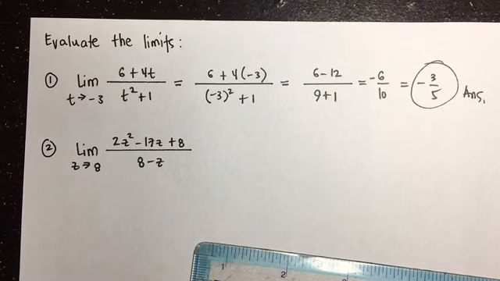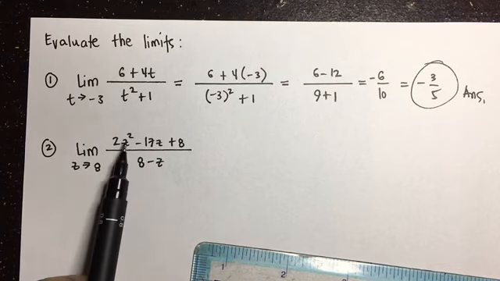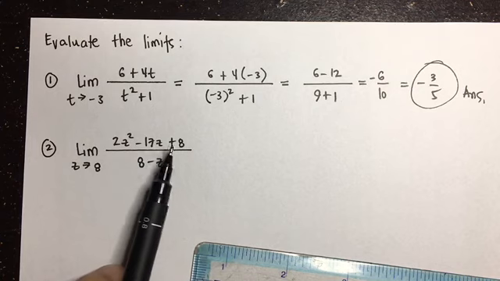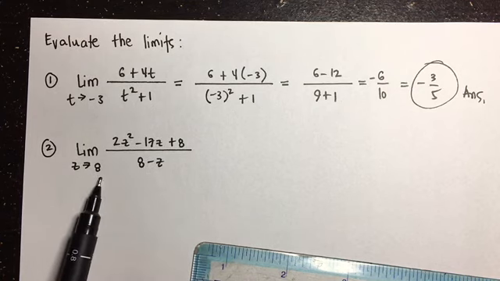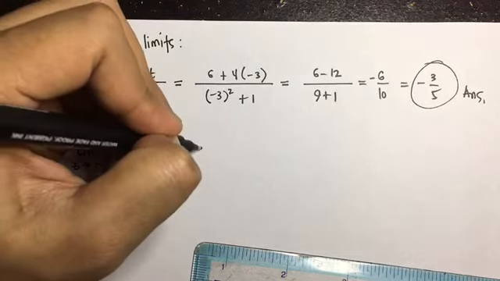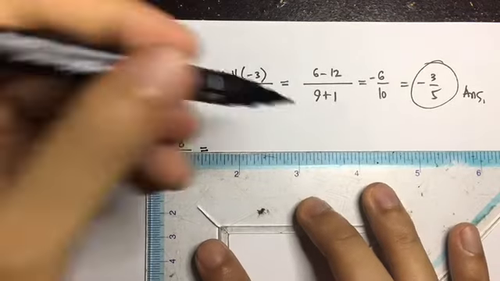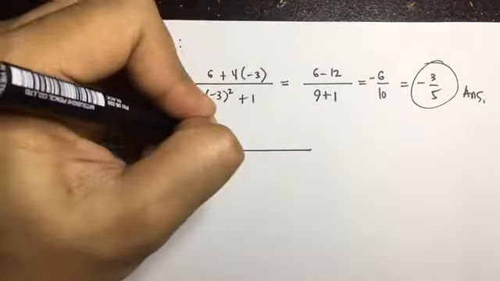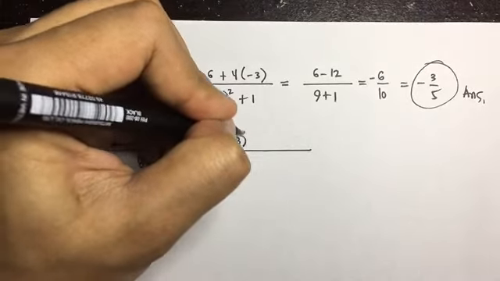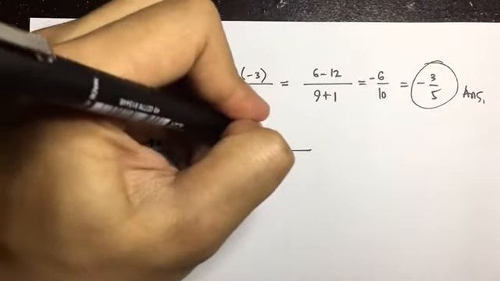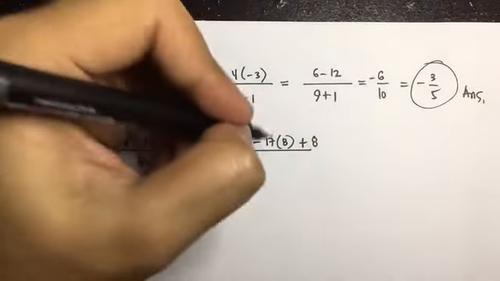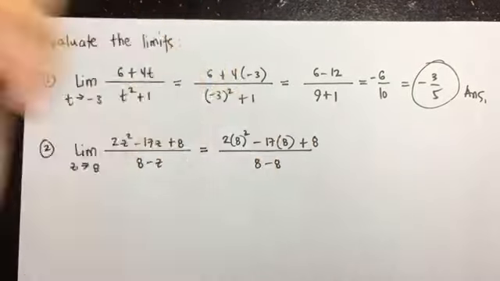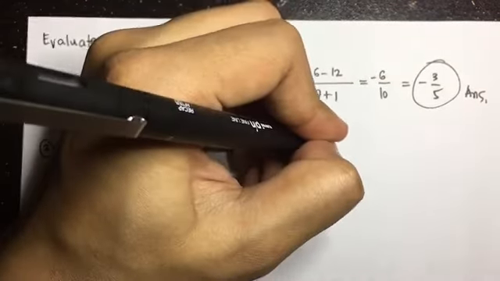Next is the limit of (2z squared minus 17z plus 8) over (8 minus z) as z approaches 8. Similar to number 1, all we need to do is substitute. So we have 2 times 8 squared minus 17 times 8 plus 8 over 8 minus 8.